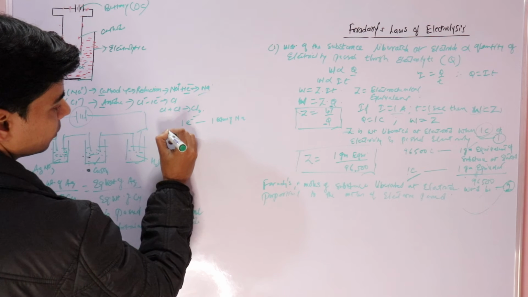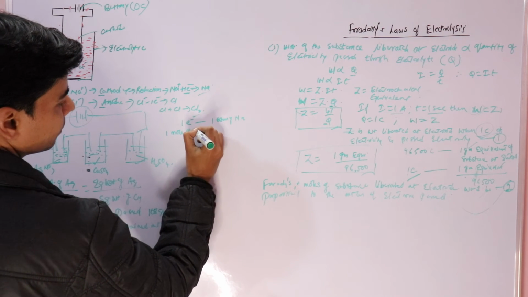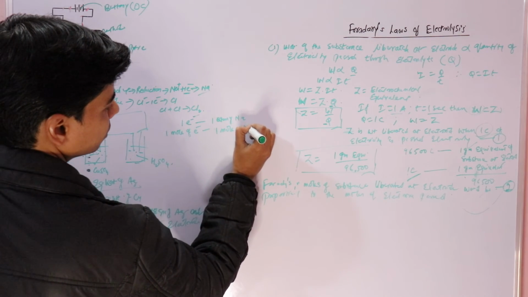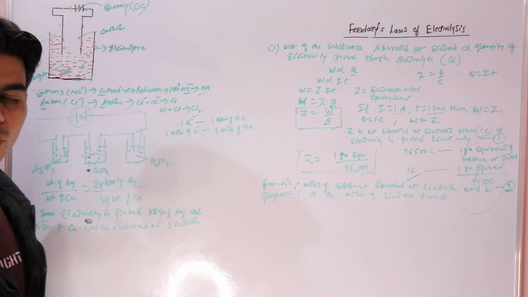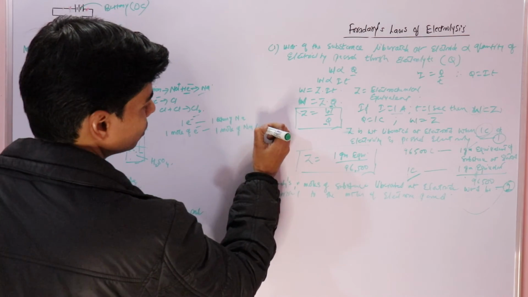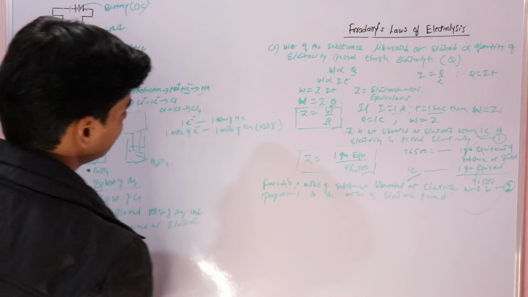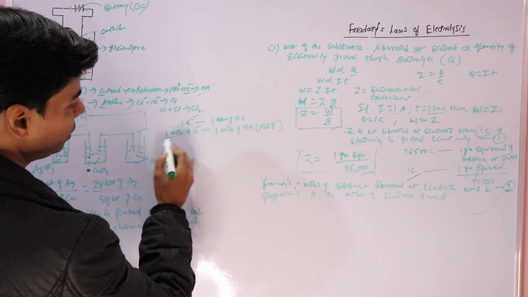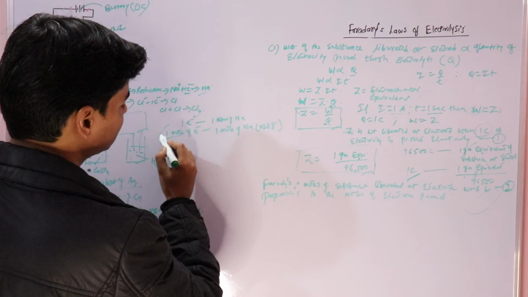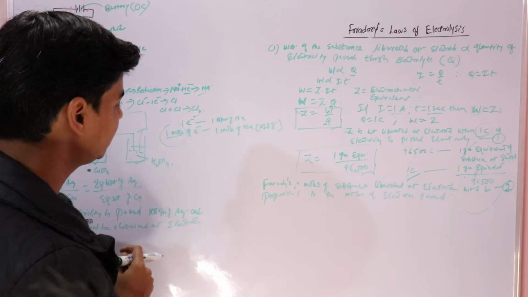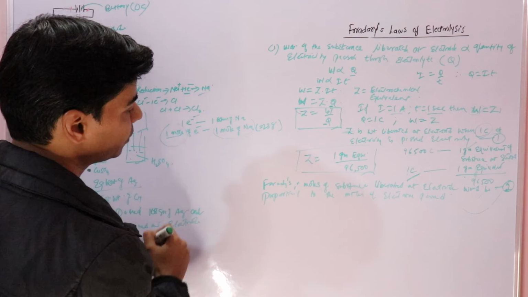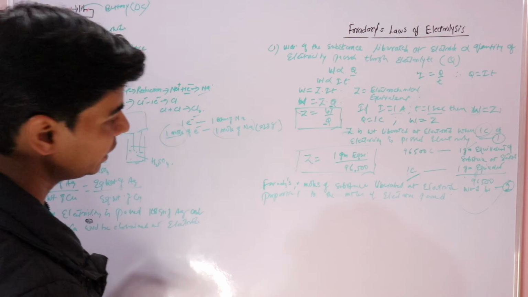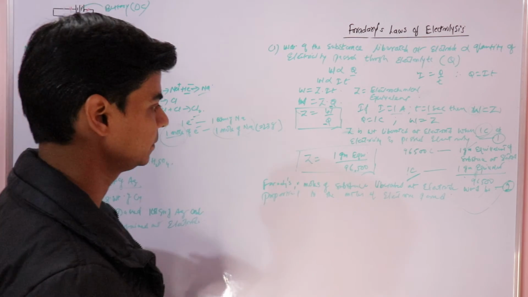So 1 mole of electrons will produce 1 mole of sodium, and we know that the weight of 1 mole of sodium is equal to 23 grams. 1 mole contains 6.02 into 10 to the power of 23 electrons, so 6.02 into 10 to the power of 23 electrons will form 6.02 into 10 to the power of 23 sodium atoms at the electrode, whose weight would be equal to 23 grams, the gram atomic weight.